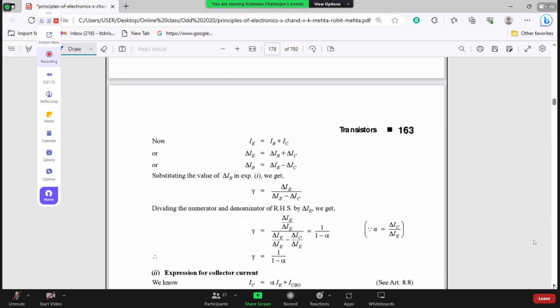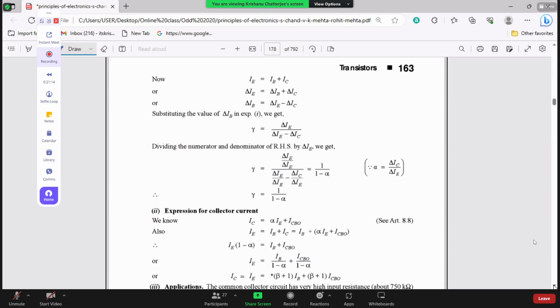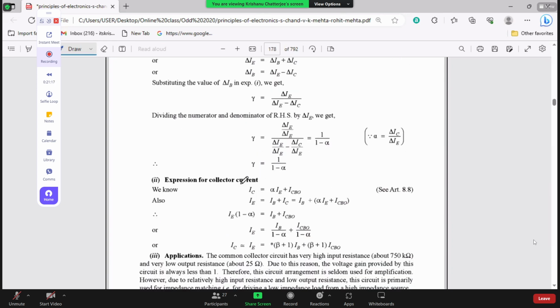So next we have to find out the expression of collector current also. Starting from the common base mode, this is the equation of the common base mode. IC equals alpha IE plus ICBO. And since IE, the total emitter current, is the total collector current plus the base current, replacing this IC, we are having alpha IE plus ICBO plus IB.